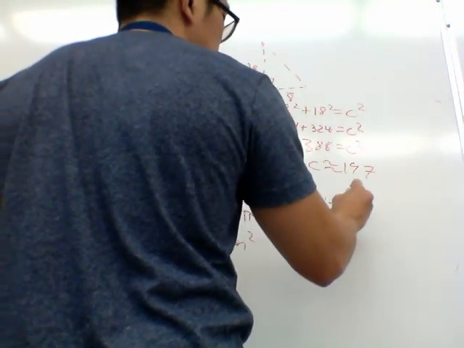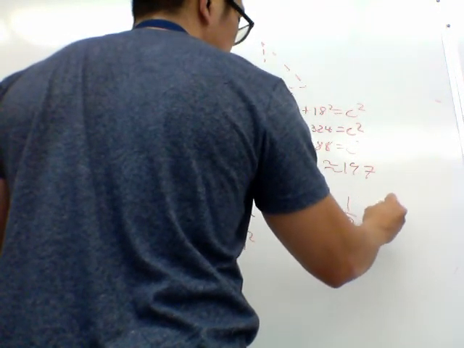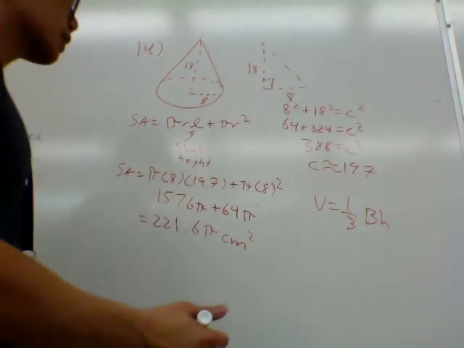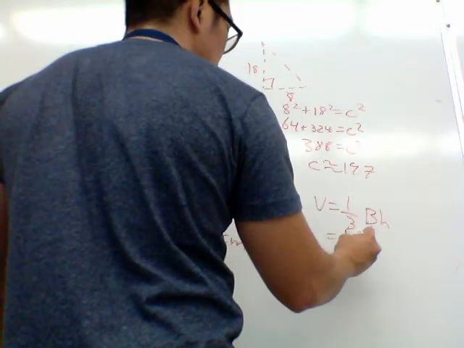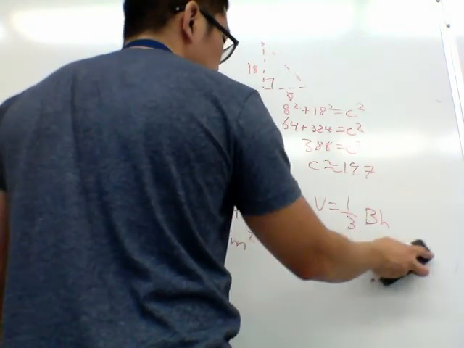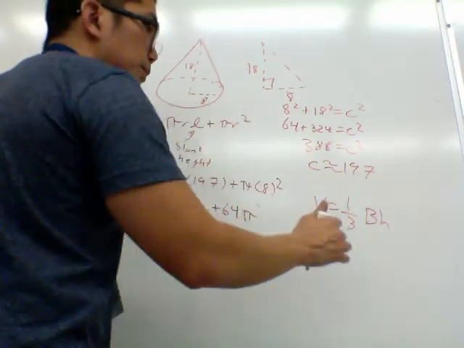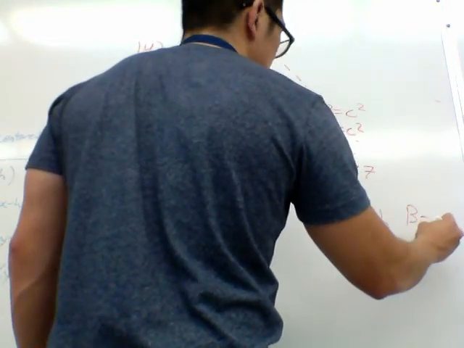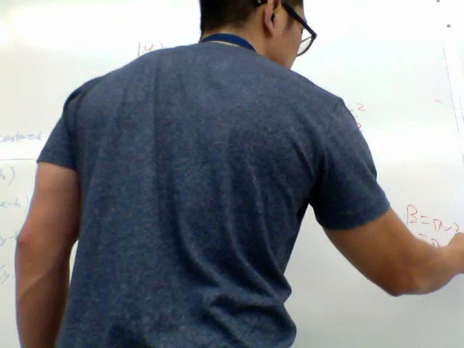The volume, now whenever you have a cone, the volume changes. It's no longer big B times H, it's 1/3 big B times H. Remember, your pyramids and your cones are going to be 1/3. So it's equal to 1/3, what is big B? Big B is just pi r squared. So big B is equal to pi 8 squared.